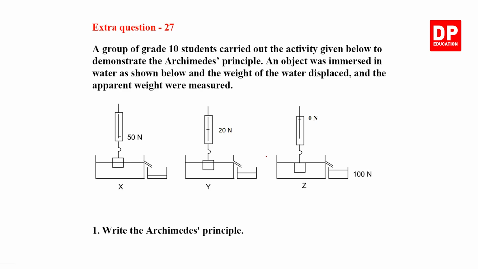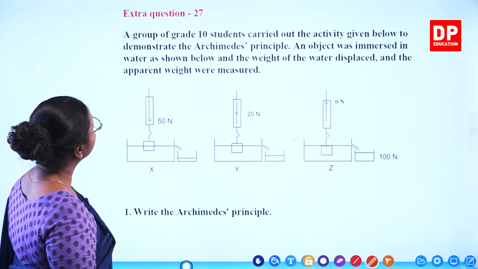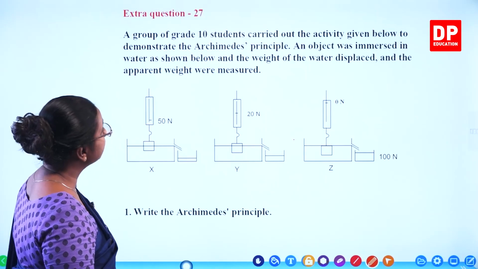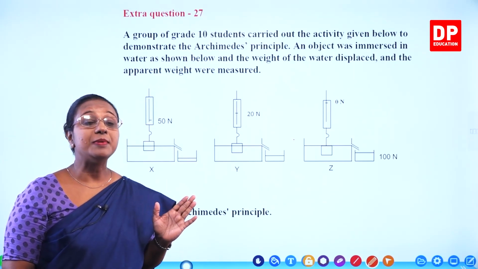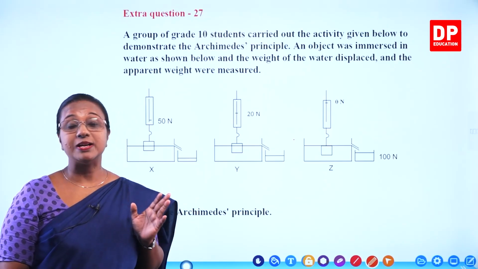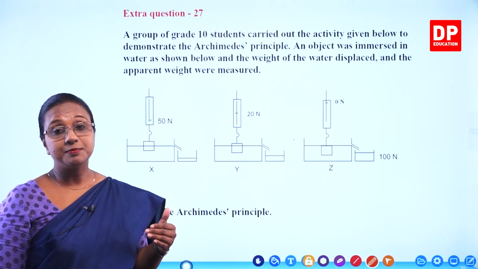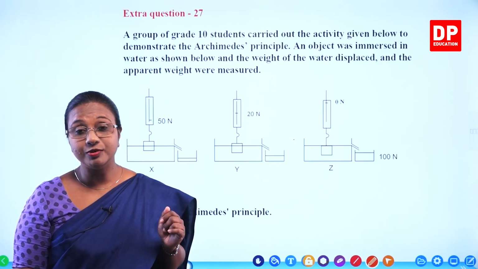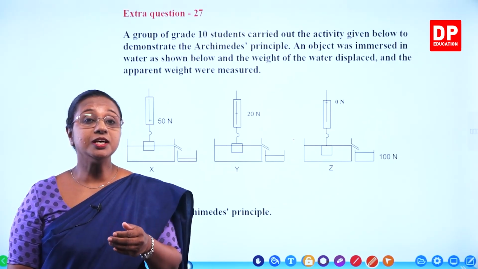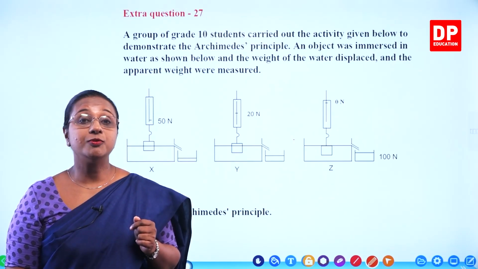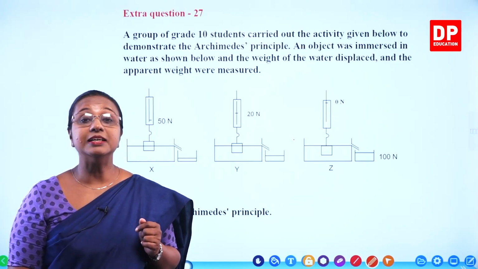So, extra question 27. A group of grade 10 students carried out the activity given below to demonstrate the Archimedes Principle. So, you are familiar with the Archimedes Principle, students. What is it? When an object is completely or fully submerged in a fluid, the upthrust exerted by the fluid is equal to the weight of the fluid that is displaced by the object.